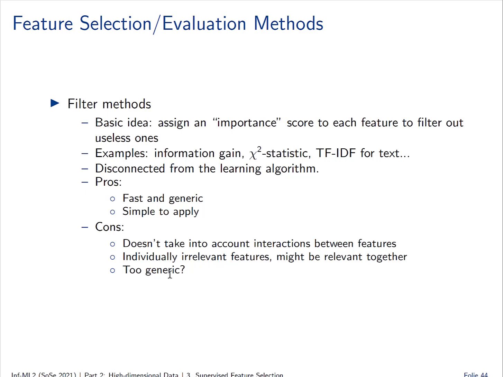So generic could be a pro and a con. Importance is measured on each feature individually, so we might miss the important features in the case that the features by themselves are irrelevant, but together they are highly relevant. So that example from before.